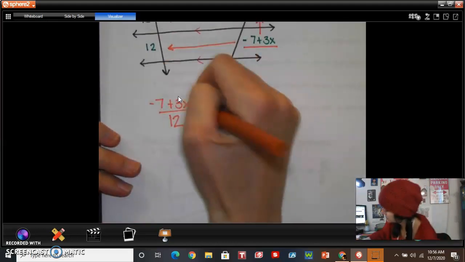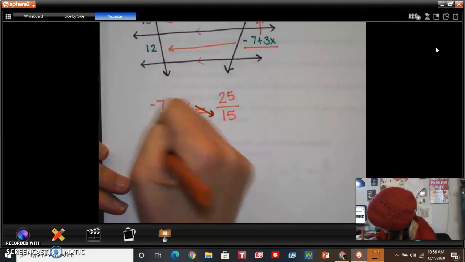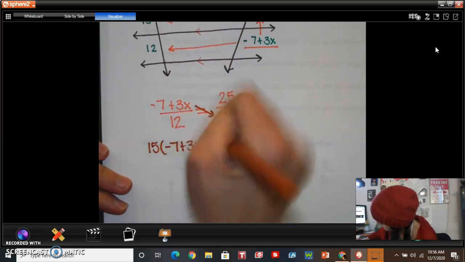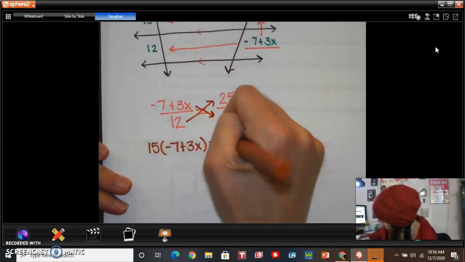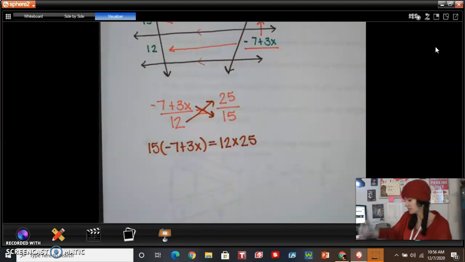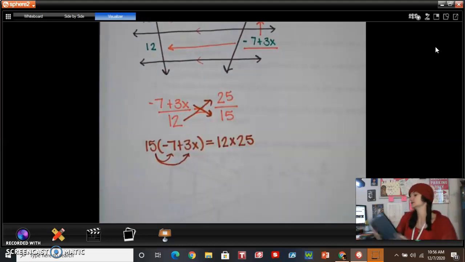Okay, so we cross multiply. Sorry, my arrow's in the way. So we have 15 times negative 7 plus 3x equals 12 times 25. And we're going to use our distributive property here. And I will be using my calculator. So I've got 15 times negative 7.